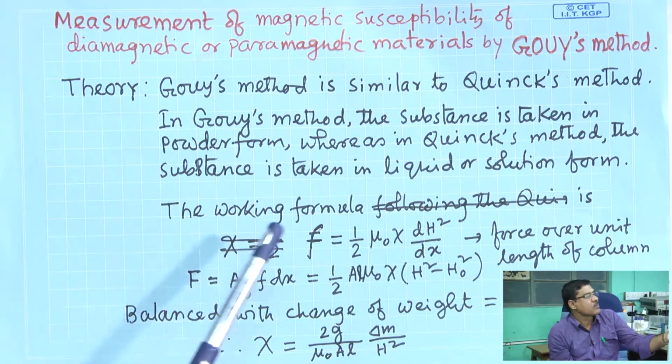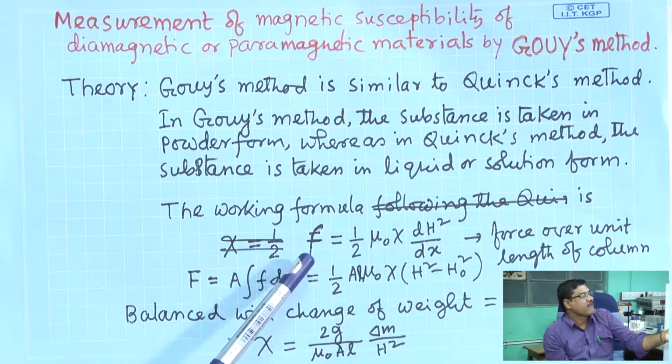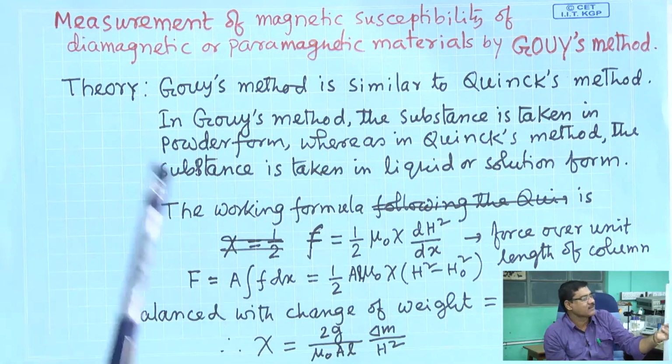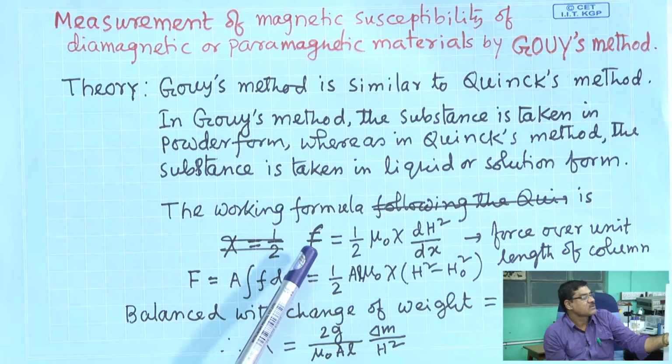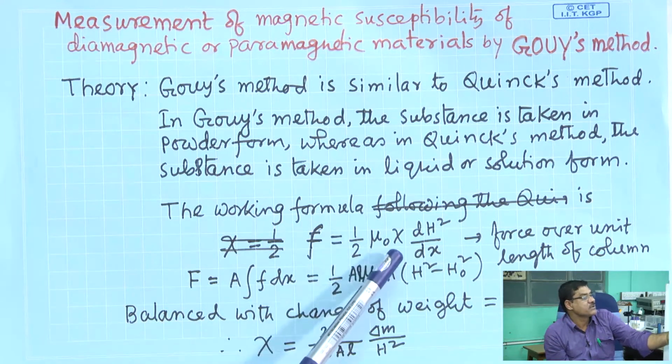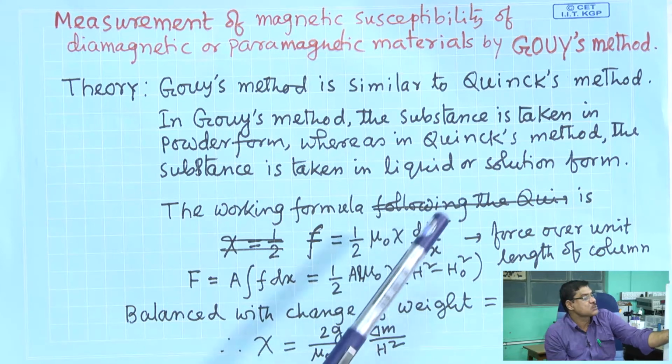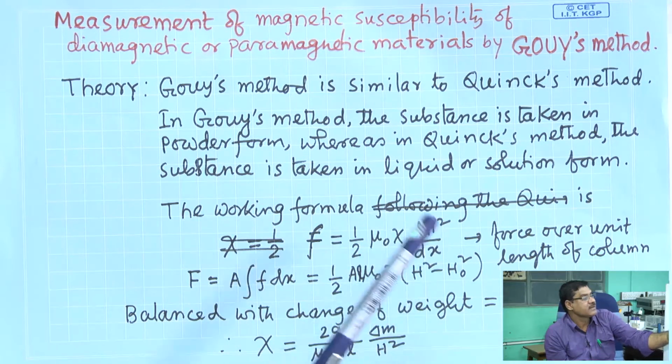So the working formula is f, here I have written small f, earlier I wrote capital F. That is half mu 0 chi dH2 by dx.